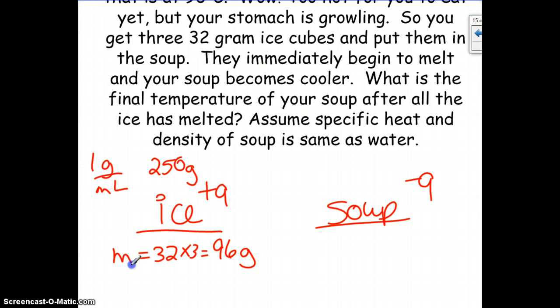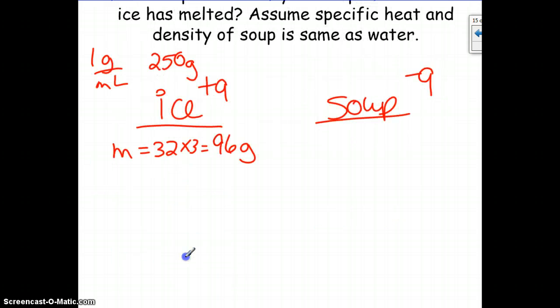Now ice melting, we're talking about a phase change, so we're going to need to use our enthalpies of fusion. How much energy does it take to melt 96 grams of ice?